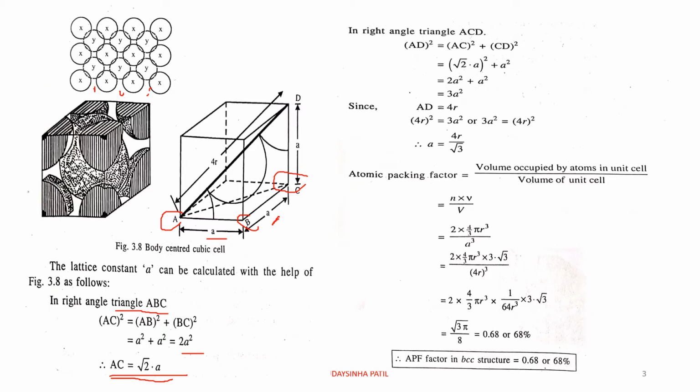Again, we consider the right angle triangle ACD, that is A, C and D, and we get the body diagonal AD, which is the actual body diagonal of the BCC lattice.